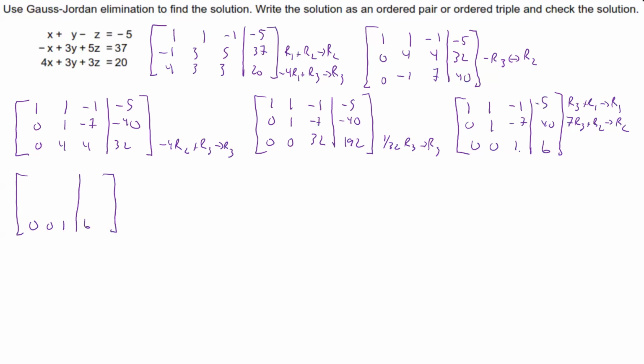Okay, so my bottom row, 0, 0, 1, 6, is going to stay the same. And then I'm going to take 7 times that plus that's going to be 0. So it's going to be 0, 1, 0. Then 7 times 6 is 42 plus, wait, where did my 192? Oh, it became 6. Okay. I was like, wait a minute, where did it go? That's a minus. That's okay.